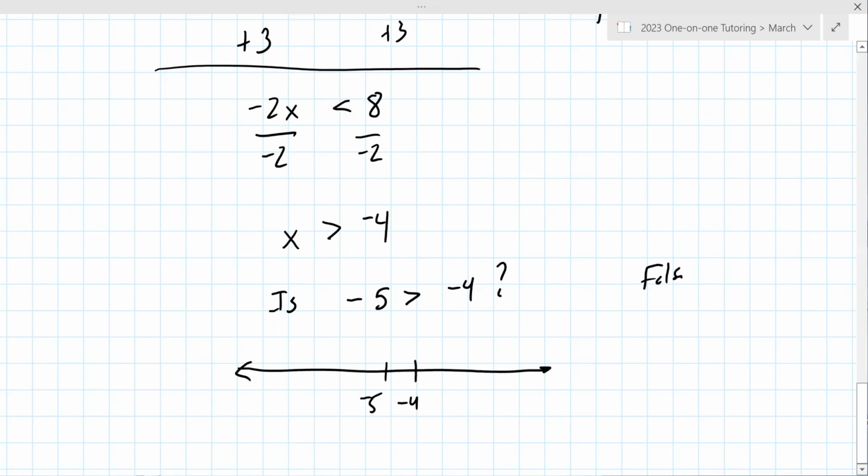All right, so let's have you try another one here. Let's go minus 3x minus 11 less than negative 5x plus 19.